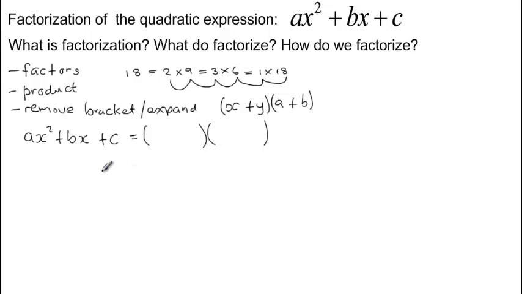Now, I'll first of all like to take the most general form of factors of this kind of expression, which I'll write as follows: alpha x plus m multiplied by beta x plus n.